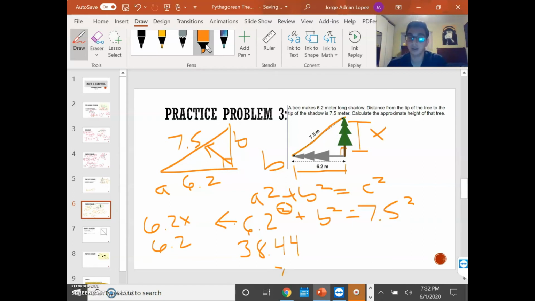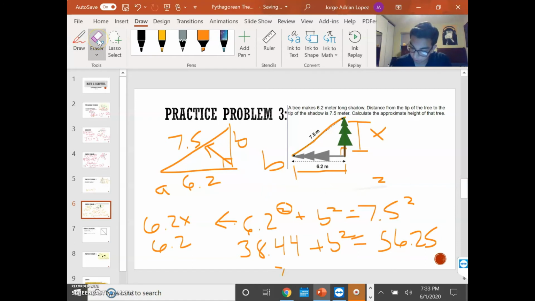So we have 38.44 plus b squared, and what's 7.5 squared? So what's 7.5 times 7.5? If you do it on your calculator, you should get 56.25. So if we have 38.44 plus b squared is equal to 56.25, how do we solve? Well, let's get some room for ourselves because we're going to need it for this problem.